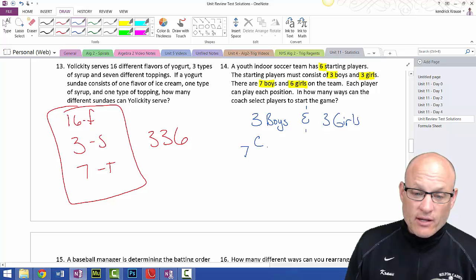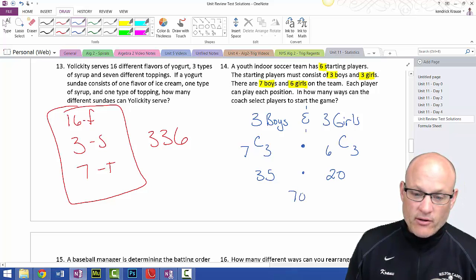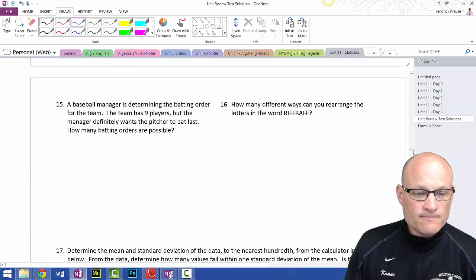So I've got 7, I'm going to choose 3. And is multiplication. I've got 6 girls, and I'm going to choose 3 of them. Well, 7 choose 3 is 35. And 6 choose 3 is 20. And I multiply those together, I get 700. 700 different ways of picking those kids.